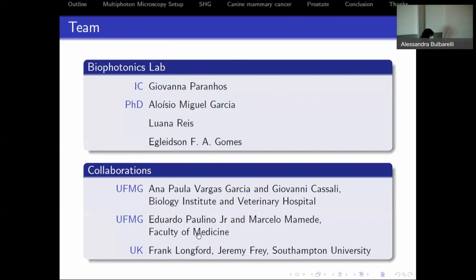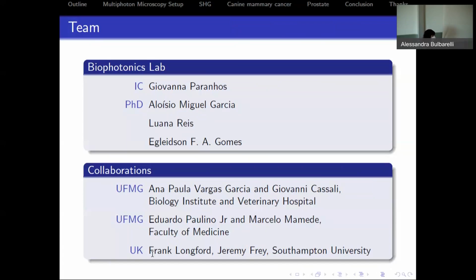The other one, which is on prostate cancer, is together with the pathologists Eduardo Paulino Jr. and Marcelo Mamedi from the Faculty of Medicine in UFMG. The Faculty of Medicine is not on the same campus, it's in the city center. And so it's a few trips around the city with the samples to do the measurements.